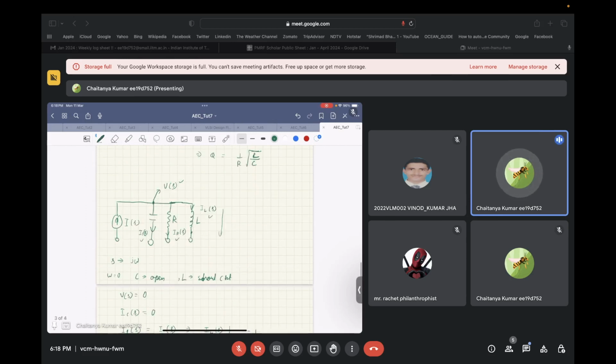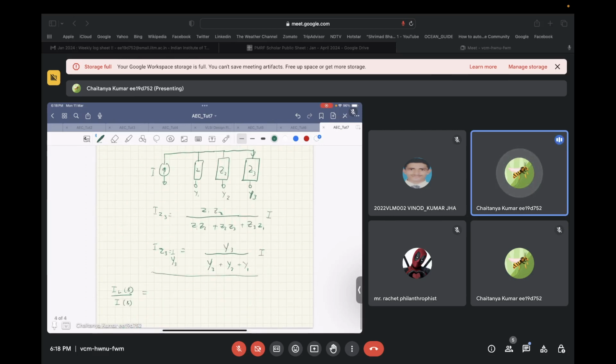Can anyone tell me what is the inductor conductance? Y_L is equal to 1 by sL, and Y_R is equal to 1 over R. Let's call it G, and Y_C is equal to sC.